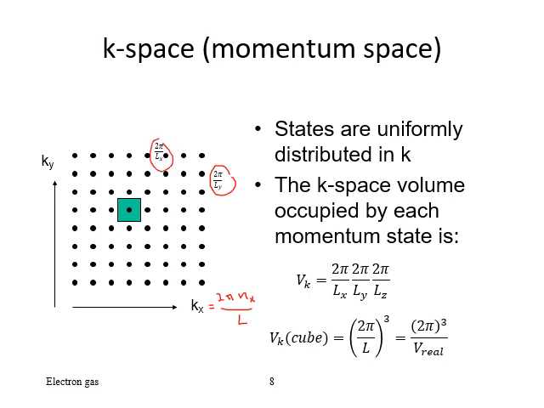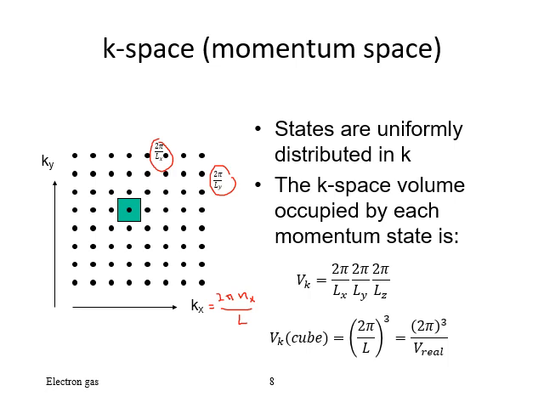Each one of these states corresponds to a different integer, and along the y-axis, each state corresponds to a different n sub y. And because the allowed K states are simply separated by integers, in this set of axes, the states are equally spaced. They're uniformly distributed throughout space.